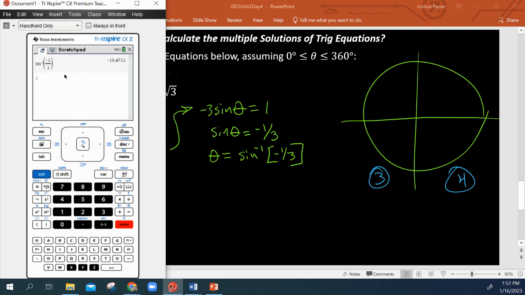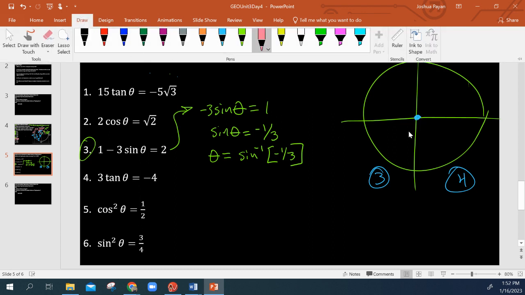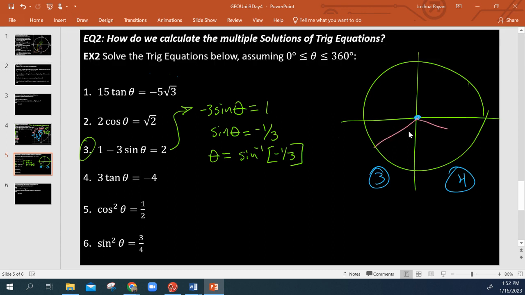Okay, so it tells us something ridiculous again. -19.47 degrees. Well, we know that's ridiculous because we don't have negative angles, right? But the magnitude of -19.47 is just 19.47. That is going to be our reference angle. So that means to get my two solutions, my quadrant 3 and my quadrant 4 solutions, I'm going to have to come down from 180 and from 360 respectively.